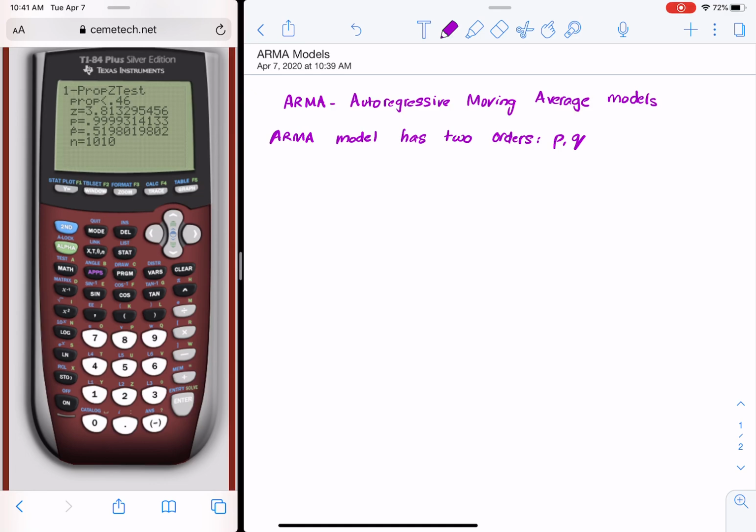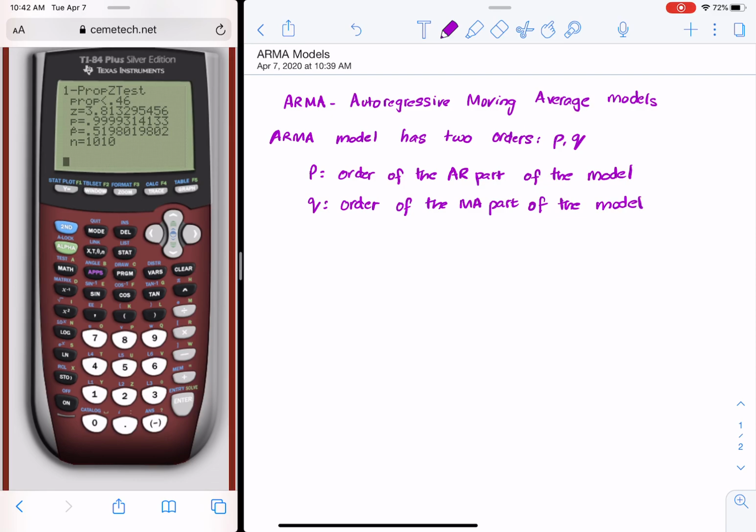So the P part would correspond to the order of the AR part of the model, and Q would correspond to the order of the MA part of the model.